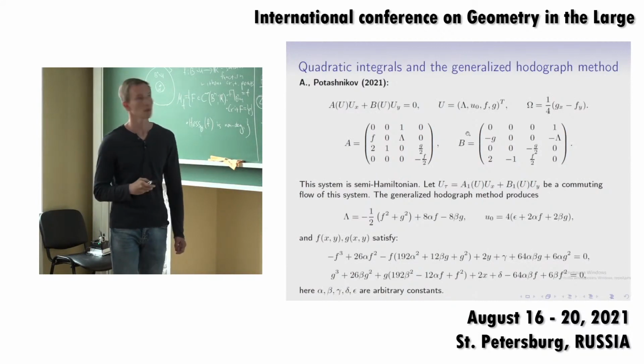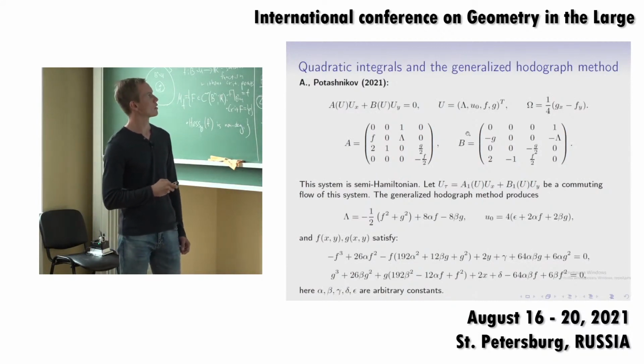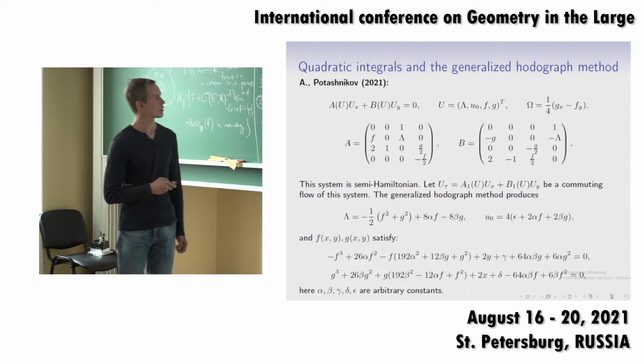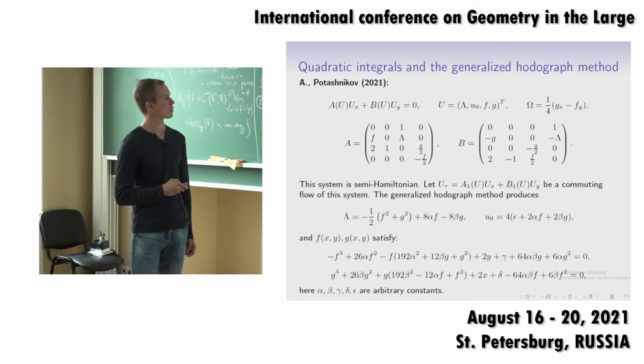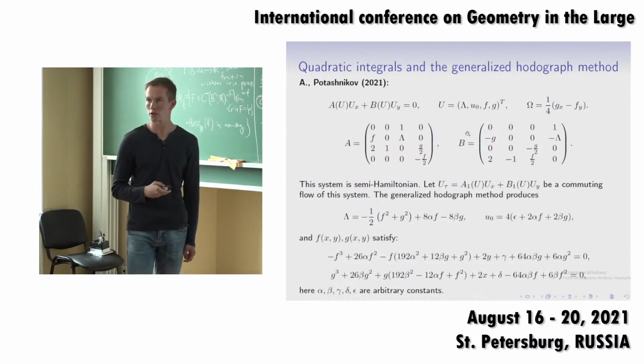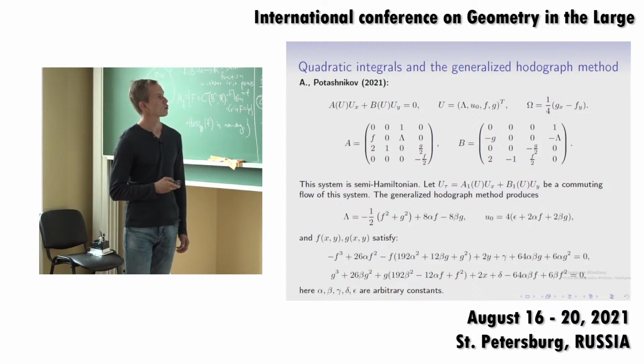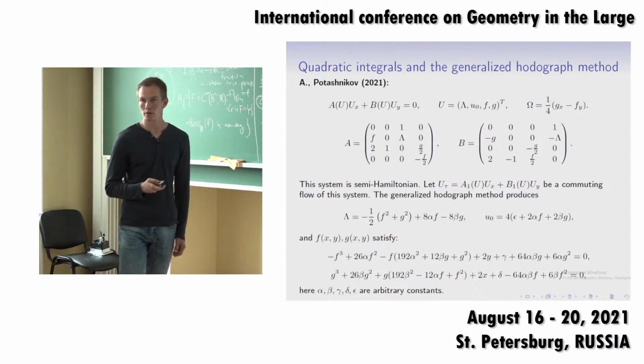The last result, very briefly: together with my student Alexey Potashnikov, we managed to find the following integrable case. This is still the same system which corresponds to the magnetic geodesic flow on the two torus, but since it is semi-Hamiltonian, we decided to try to apply the generalized hodograph method.